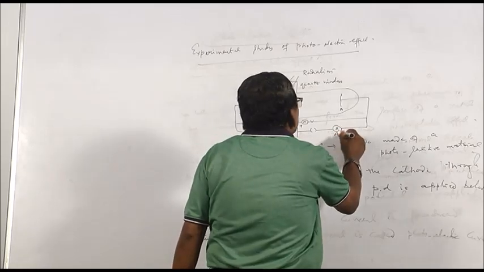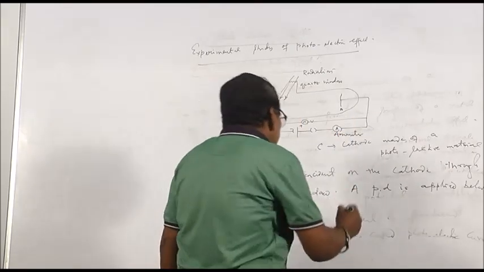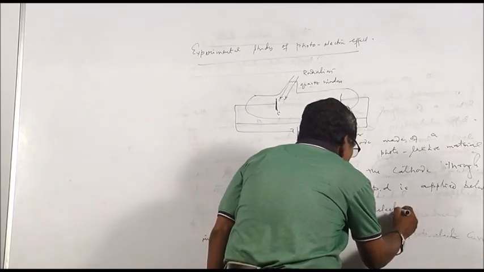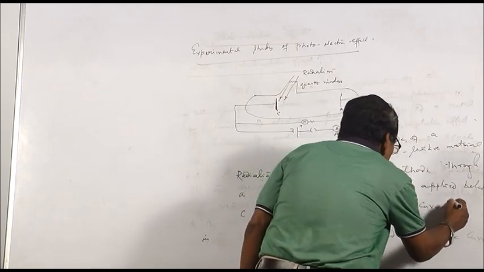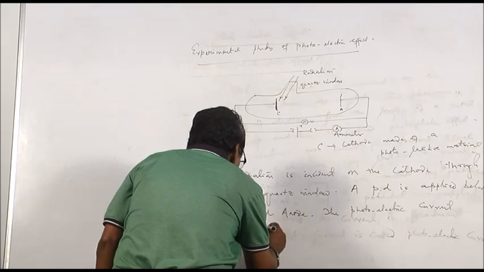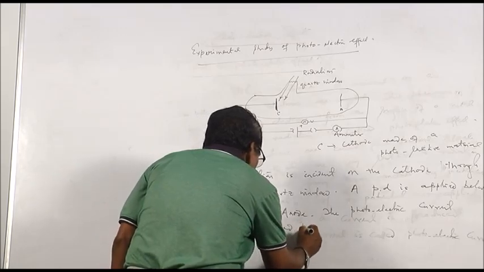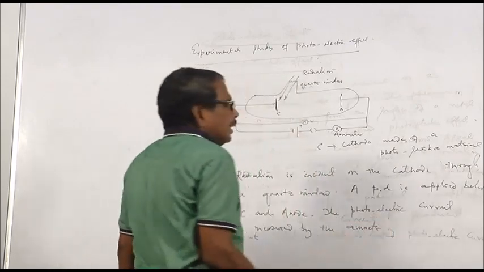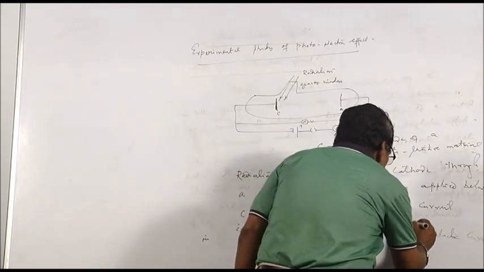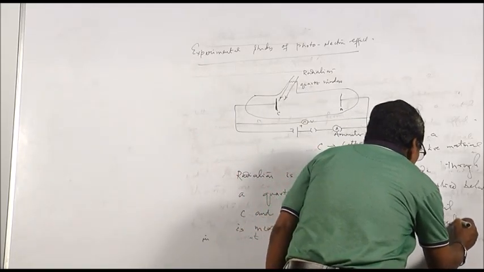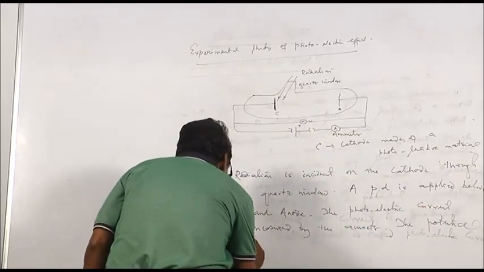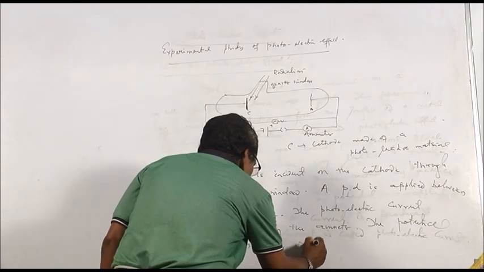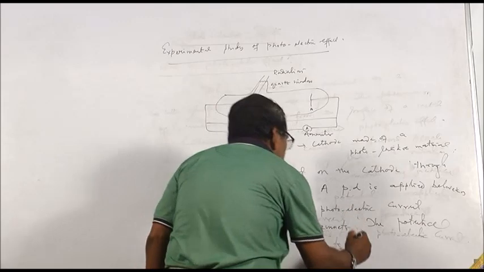This is your ammeter. The photoelectric current is measured by the ammeter, which is joined in series. The potential is measured by a voltmeter joined in parallel.